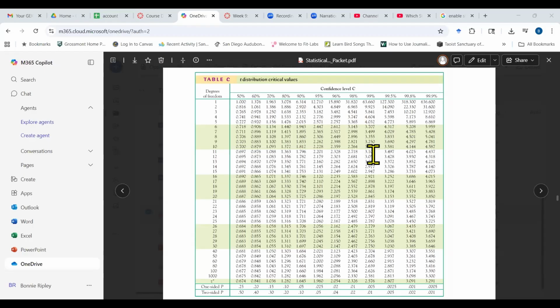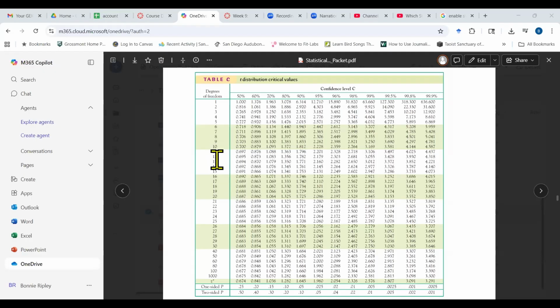Now we need to know what row to go to. The rows are determined by something called degrees of freedom. Degrees of freedom are going to be little n minus 1 for the t-test. Our n is 10, so our degrees of freedom is going to be 9.